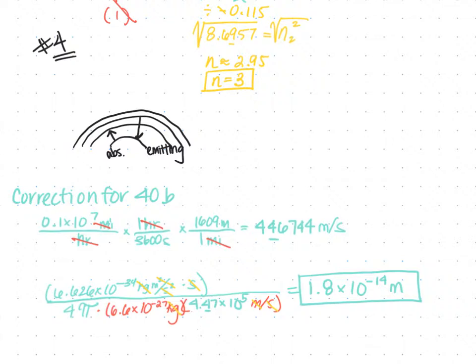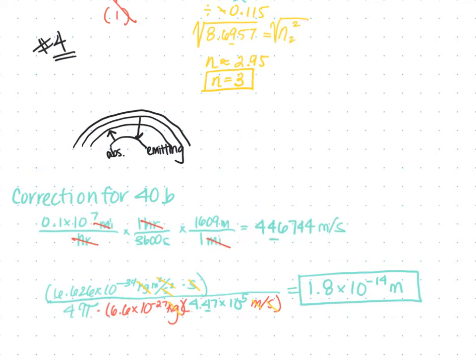Okay, there is a correction to problem 40, part B. In the problem above, I mistakenly put -7 as the exponent for the uncertainty associated with speed. It should have been a +7. I just made an error in writing the number down.